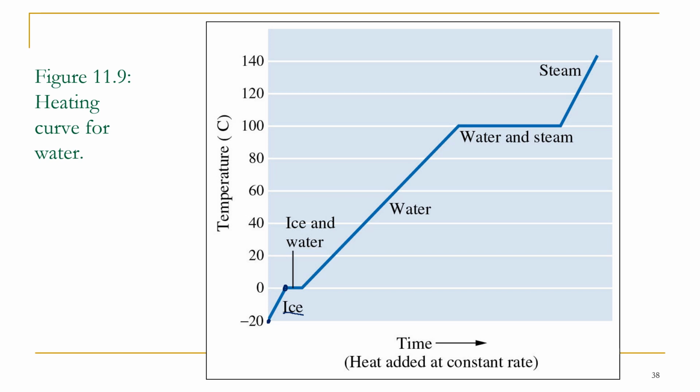When it's flat right here, we have both solid and liquid present, because this happens to be water, but you're going to get the same pattern no matter what your compound is.